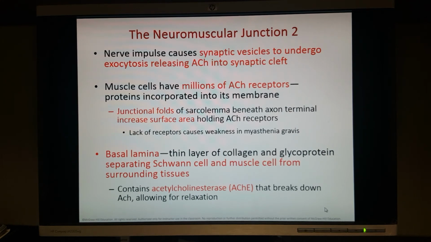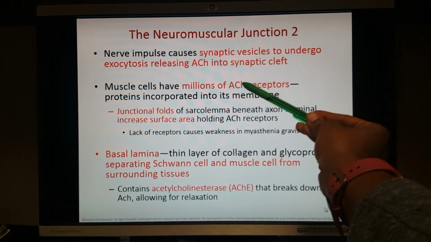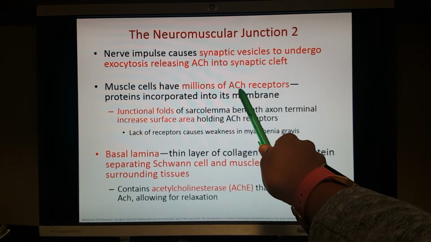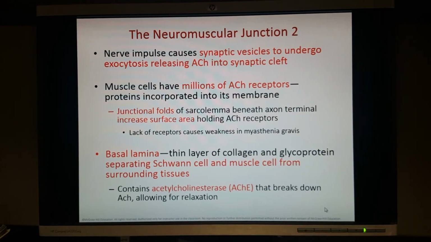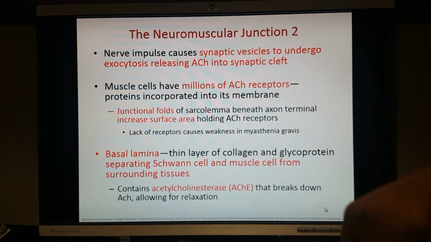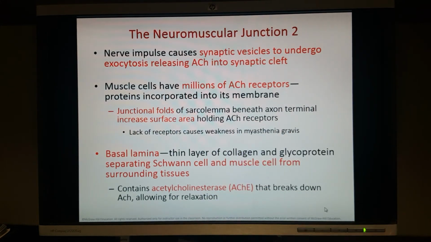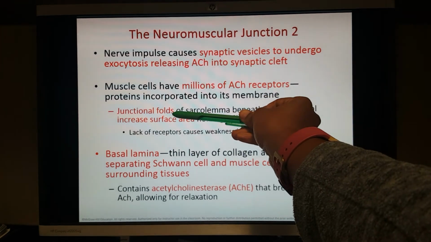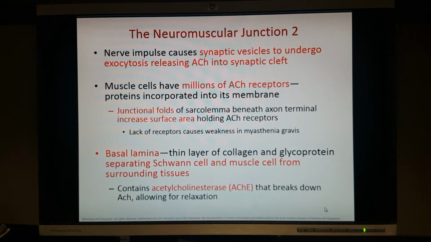Your muscle cells have millions of acetylcholine receptors, so that's the ACh for short. These receptors will receive that ligand. And in order to help have all these millions of receptors, there's junctional folds to increase surface area. So just like your microvilli increase the surface area of your cells, these junctional folds allow for more surface area for more acetylcholine receptors.